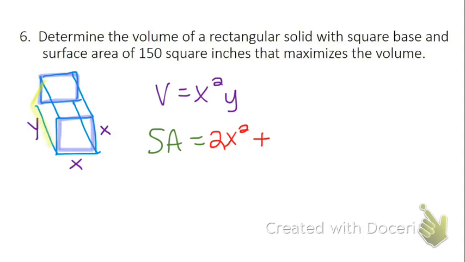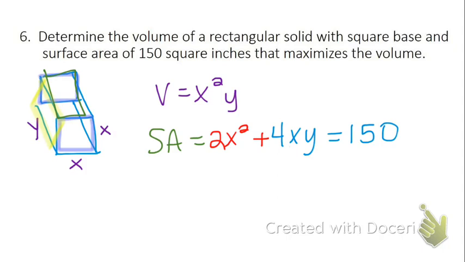If I look at the sides, there's two of those. The area there will be xy. And then if I look at the other two sides, again, those are both x's and y's. So really we have another 2xy, or just a total of 4xy. And that's what surface area is. I would set that equal to 150.